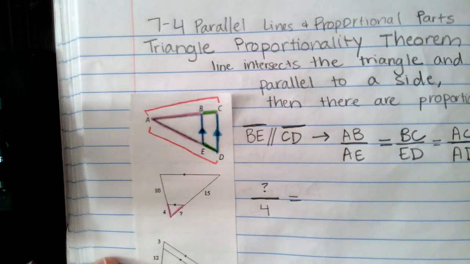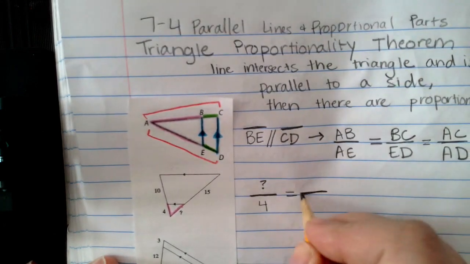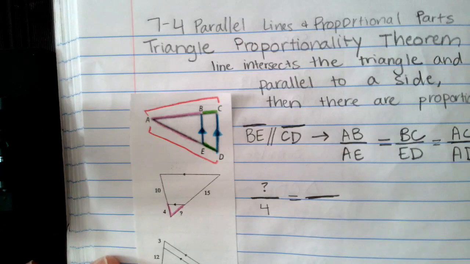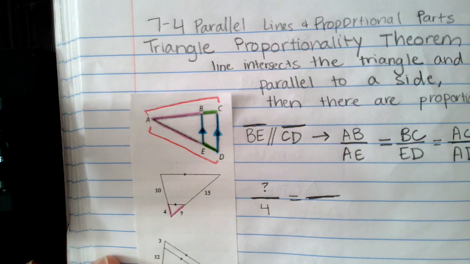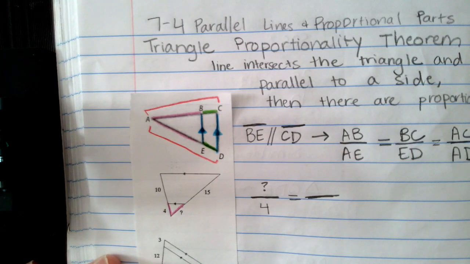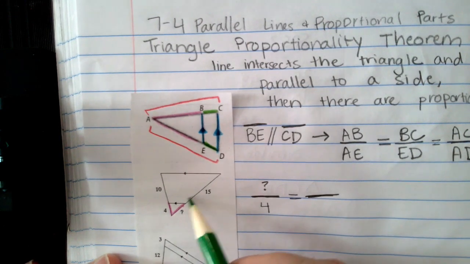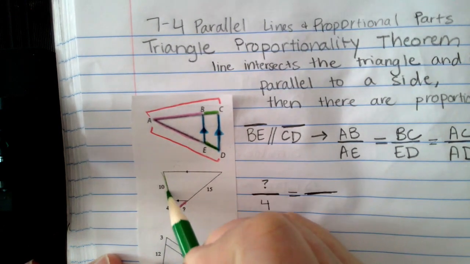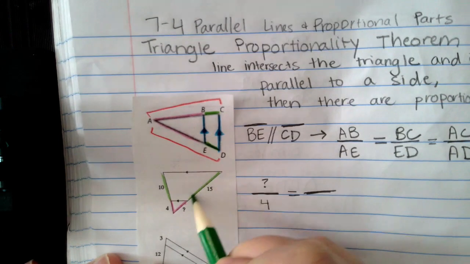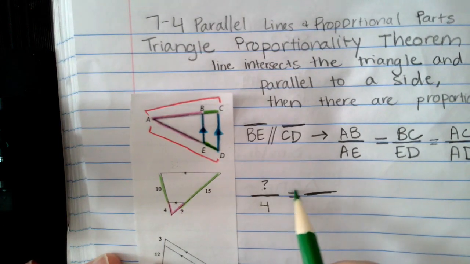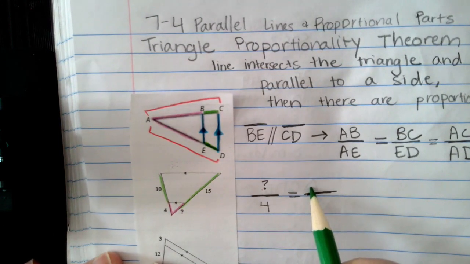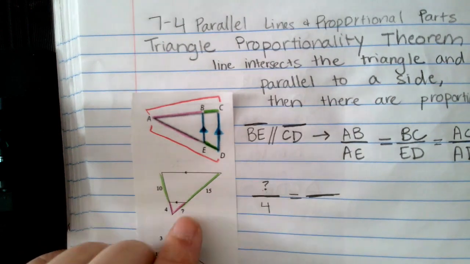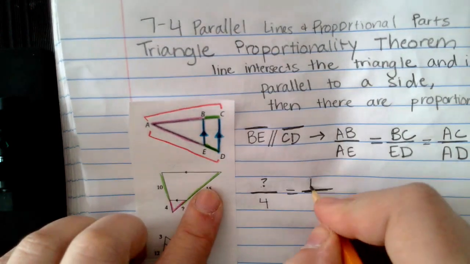Is it going to be the 15 or the 10? Which one would go with that question mark? 15. So we go left to right, which means we want to go again left 15 to right 10. And we can do this because we see that our lines are parallel. That had those little arrows in there that says, yep, it works.